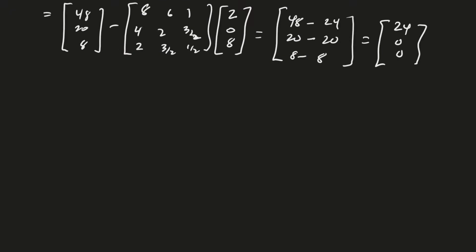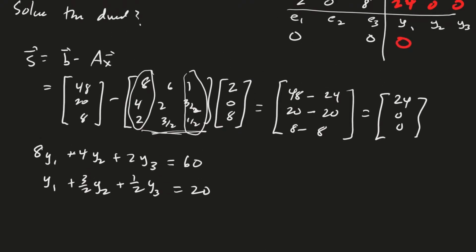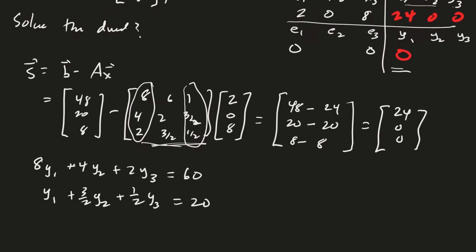This is A. We're taking A transpose, so we're taking this column and this column in my system of equations. 8y1 plus 4y2 plus 2y3 is equal to 60, and y1 plus 3 halves y2 plus 1 half y3 is equal to 20. And then furthermore, I know that my y1 is equal to 0.